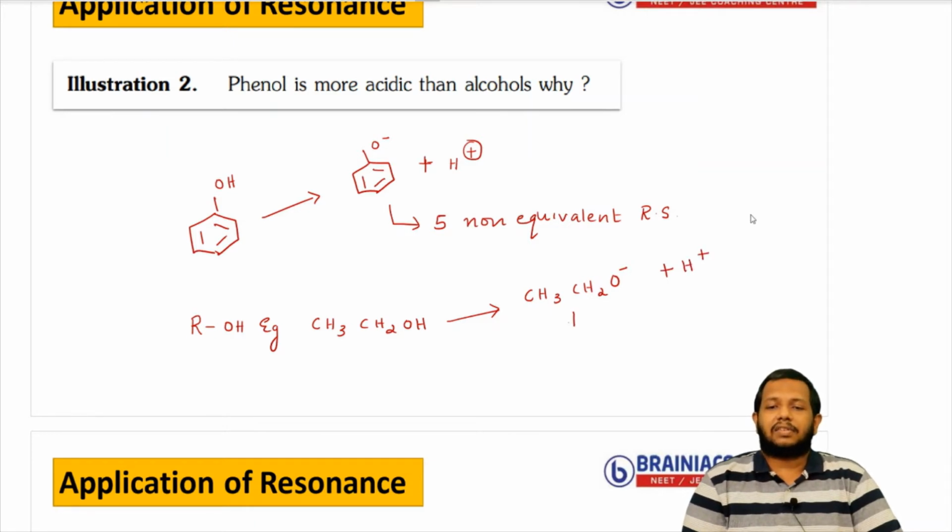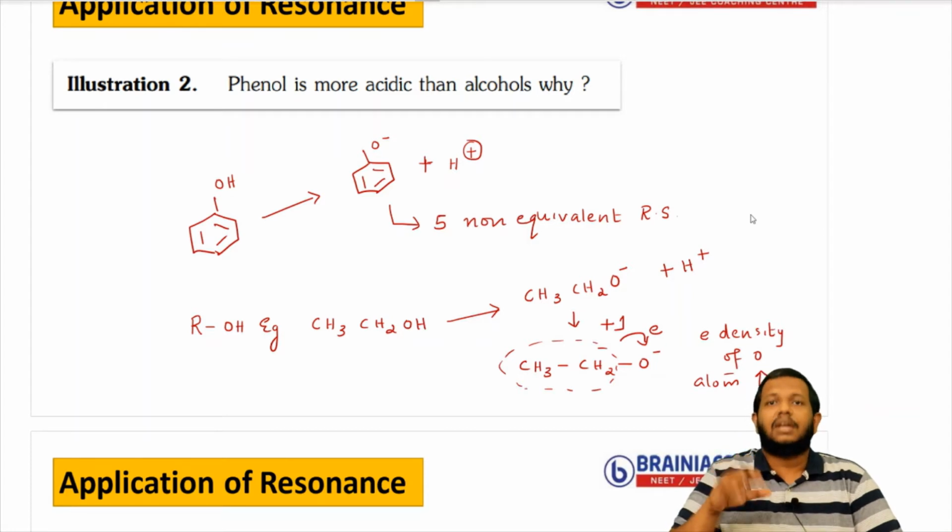But if you see the detailed structure, CH3 bonded to CH2 and you have O minus. Now this CH3CH2 has what effect? Basically a plus I effect, correct? So this will repel electrons towards this atom. Then what will happen? The electron density of the oxygen atom increases. If it is increasing, what will happen? Then it becomes unstable. So that means there is no resonance in aliphatic alcohols.